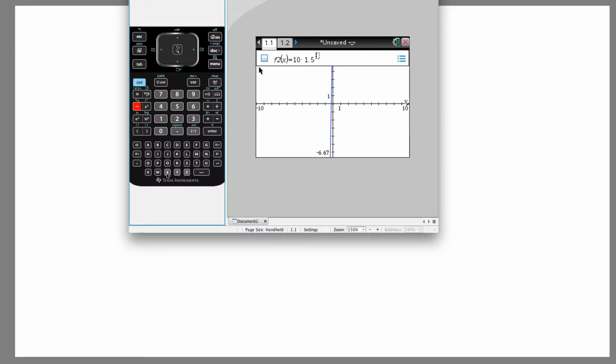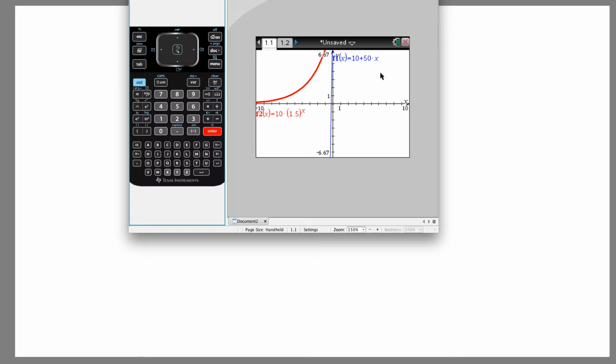So that's our increase, and we'll go ahead and hit enter. And I can see clearly where they cross. No, not really. I need to do something here to allow me to get a better view of this.